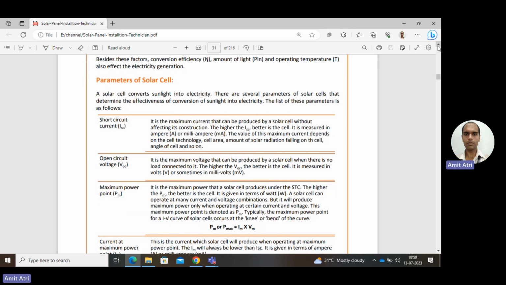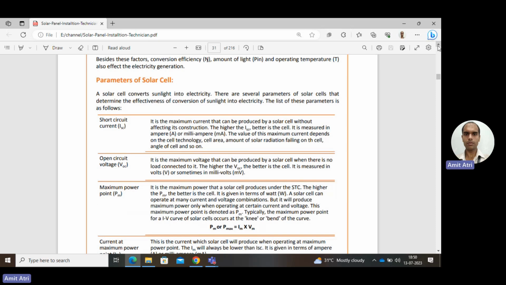Open circuit means the load is not connected; the output terminals of the solar cell are open. The voltage between these terminals at that time is the open circuit voltage. A higher value is desired from a solar cell, and it is measured in volt or millivolt.